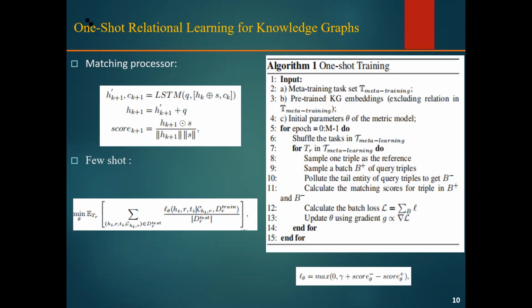After K processing steps, we use this score as the similarity score between the query and the support entity pair. So for every query, by comparing the entities with the reference, we get a ranking score, and among all the entities we take the higher-ranking one.